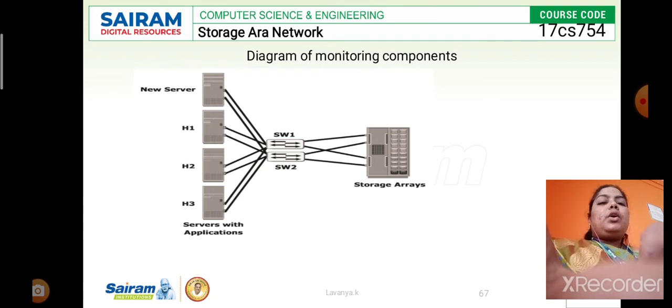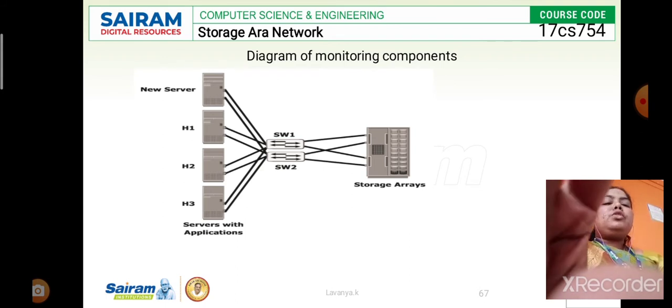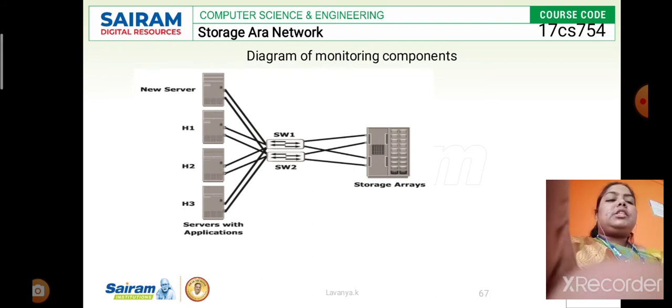Here the hosts will be H1, H2, H3, which are nothing but different clients. How do the different clients communicate from one device to another? So the storage system here works as the server.